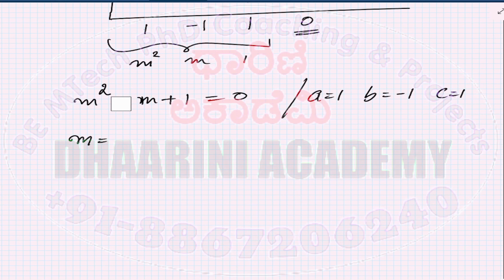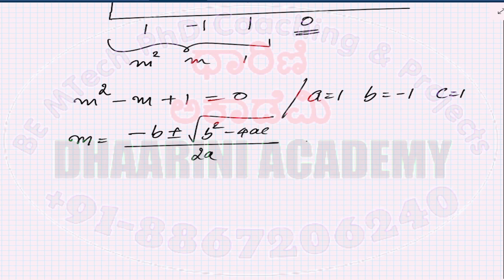I'll rewrite this part. So this is M square minus m plus 1. So m is equal to minus b plus or minus root of b square minus 4ac by 2a. So substitute: minus b, so this is 1, plus or minus root of b square, minus 1 square is plus 1, minus 4 into a into c. 4 into 1 into 1 is 4.